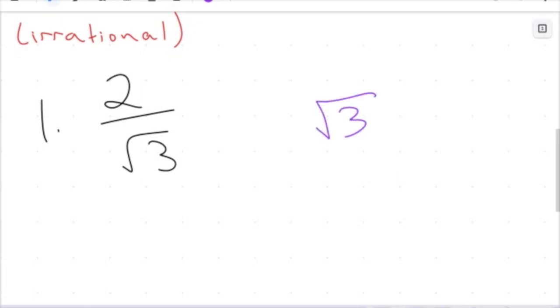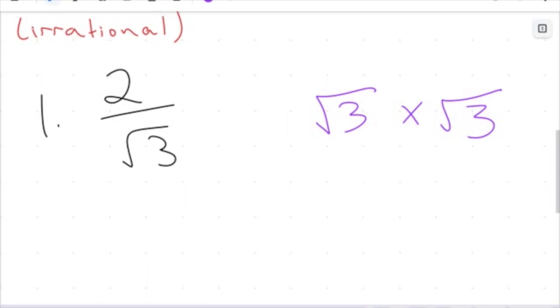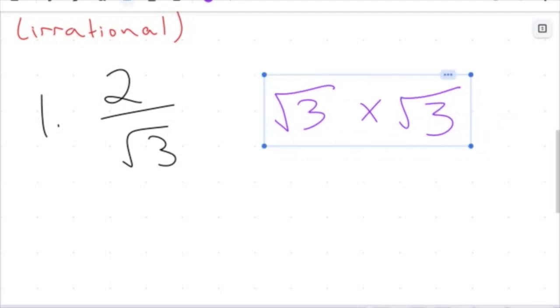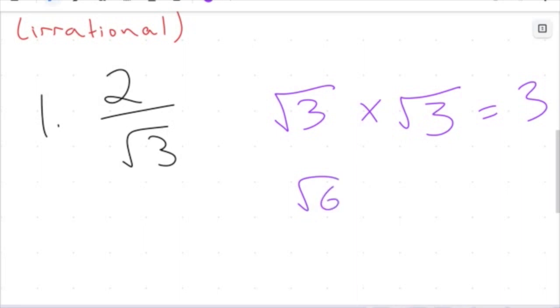The only way I can get a surd to a rational number is to multiply it by the identical surd. If we multiply root 3 by root 3, what's that going to give us? Well, from the last video, we looked at this with a couple of examples. That's going to give us 3. If we had root 6 times root 6, try these in your calculator, please feel free. And if you can find another number, that's going to be really good.